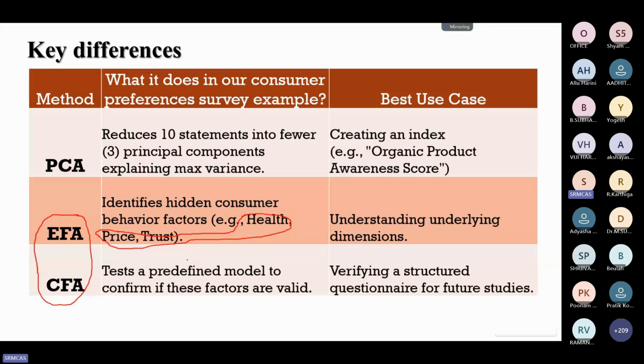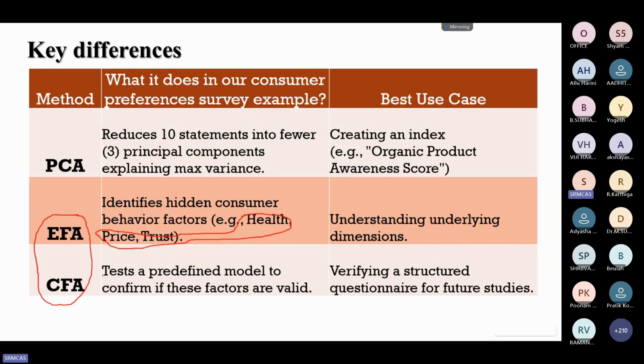Okay, but confirmatory analysis is not like that. Before the analysis itself, we know about the categories of the statements. So we do confirmatory analysis just to check whether they are the same or not.